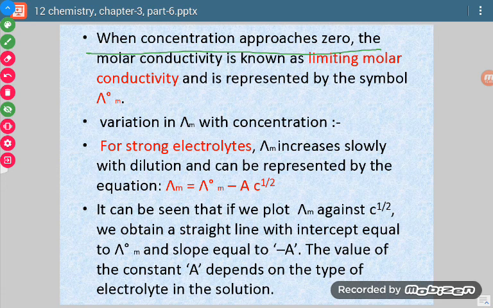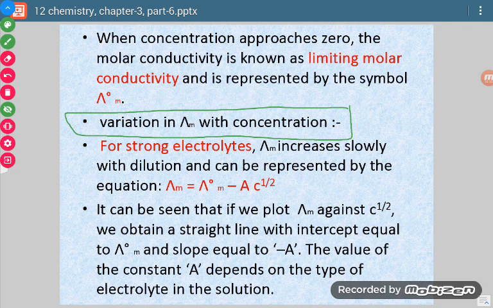Concentration approaches zero means at infinite dilution. Whatever conductivity value is there at infinite dilution, that value is known as molar conductivity or limiting molar conductivity, and this is the symbol with which we denote it, lambda m naught.